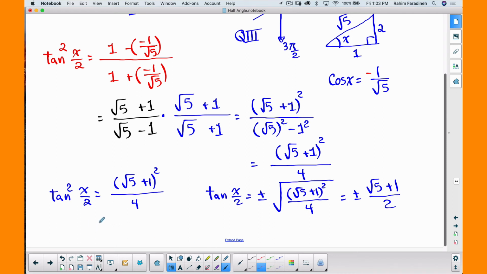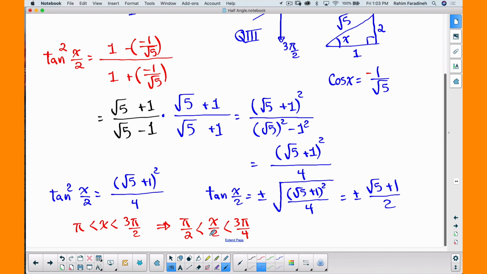So recall that X was between pi and 3 pi over 2. If we divide by 2, we're going to get pi over 2, X over 2, and 3 pi over 4.